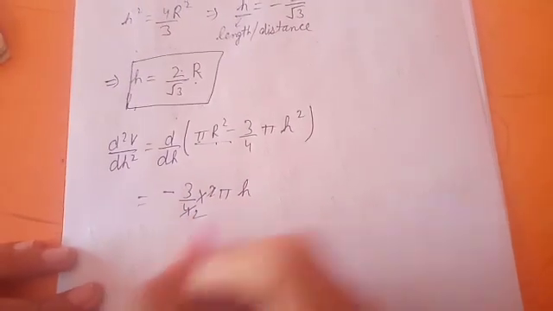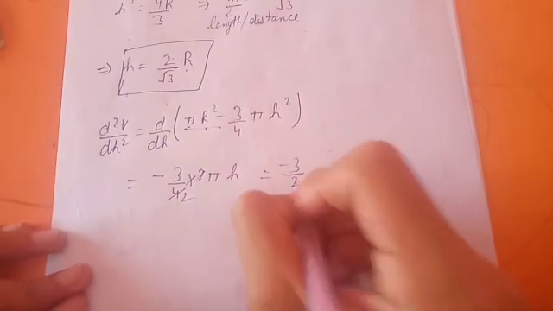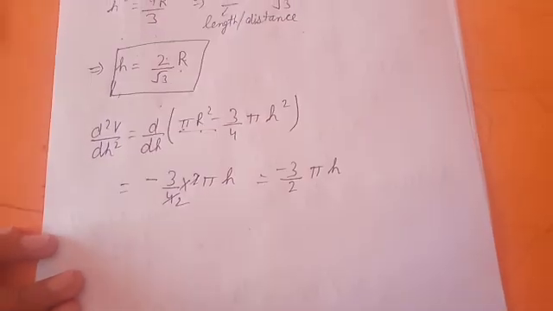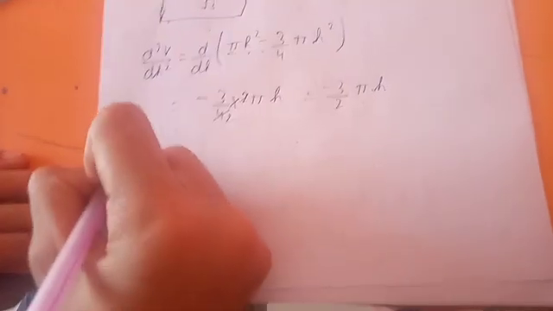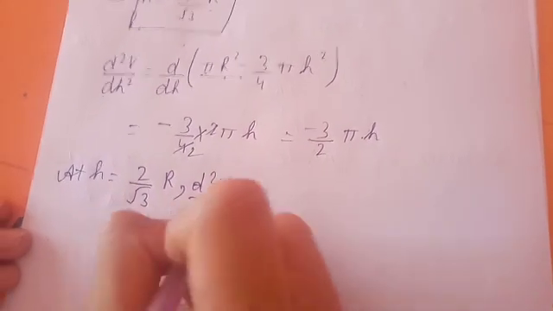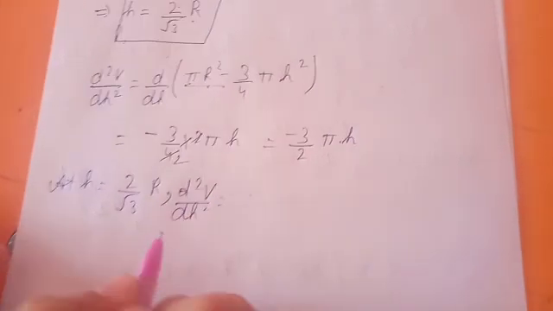This 2 cancels, so you get minus 3 by 2 pi h. Now what do we have? The value of h. So at h equal to 2 by root 3 R, what do we get for d square V by dh square?